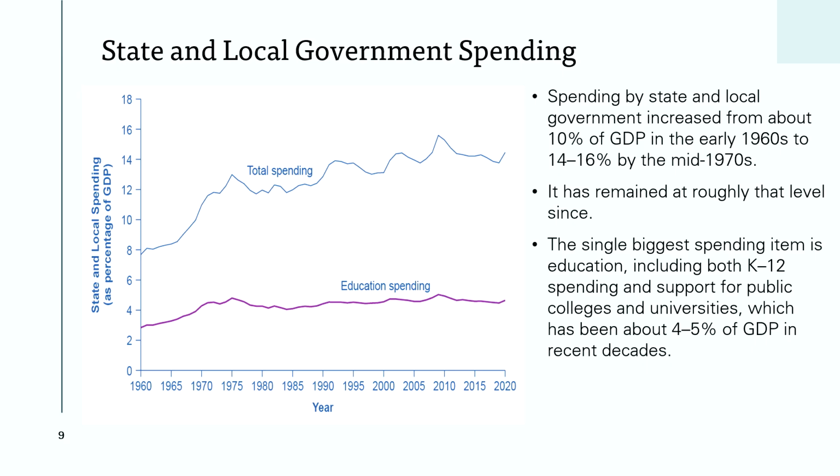The single biggest spending item for state and local governments is education, including K-12 schools and public universities, which has consistently accounted for about 4 to 5% of GDP for decades. Unlike the federal government, most states must balance their budget without running deficits. This means they often cut spending or raise taxes during downturns, which can sometimes make recessions worse unless federal assistance is provided.